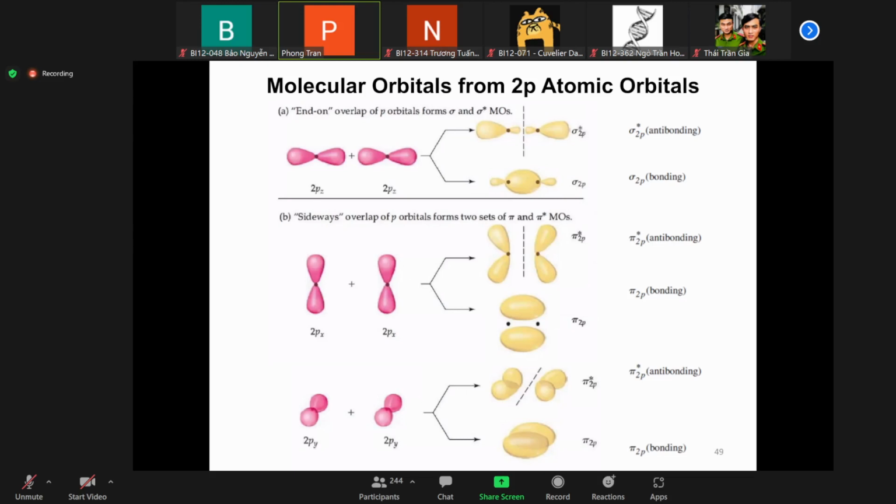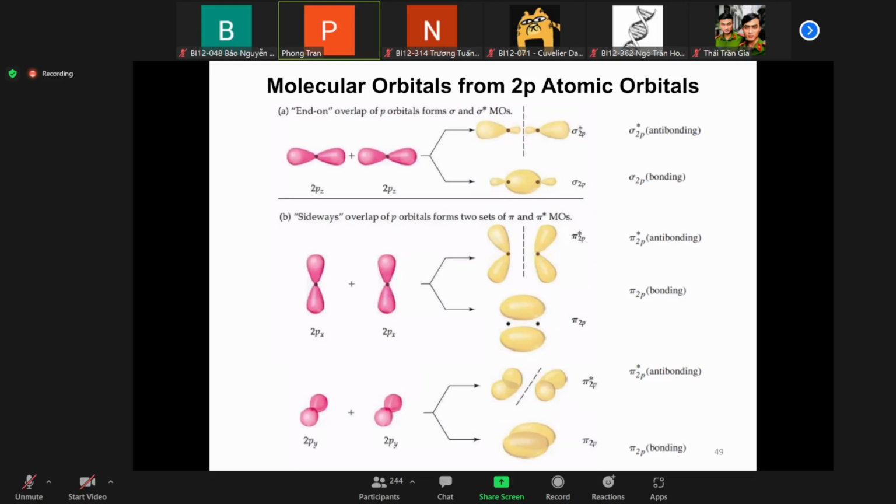For the same 2p orbital, they can mix, so you have two molecular orbitals, one bonding and one anti-bonding, depending on the direction of the p orbital.